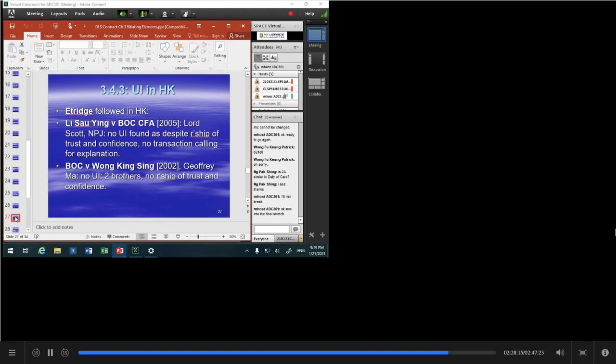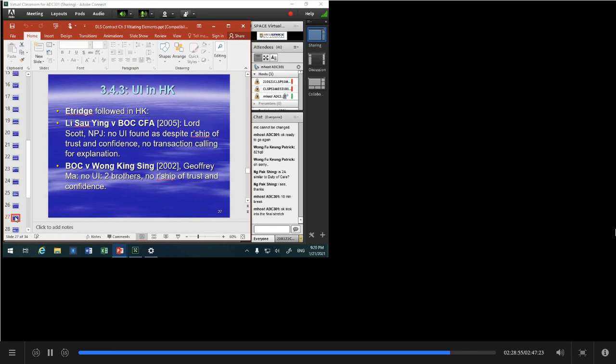And so the court pretty well applied Etridge. In both Li Xiaoying, and also the other case, which is the Bank of China and Wong Kin Sing, which was a Court of Appeal decision involving the recently retired Chief Justice, Geoffrey Ma, the court found that there was no undue influence. And in both these cases, we're talking about a Class 2B situation.